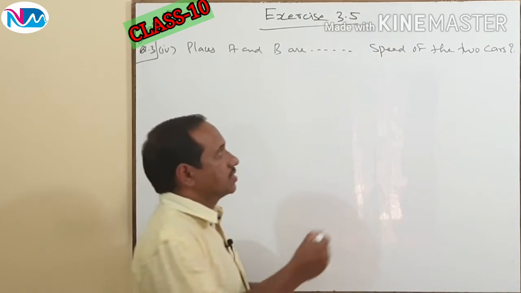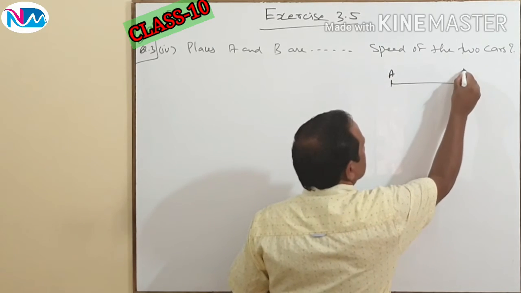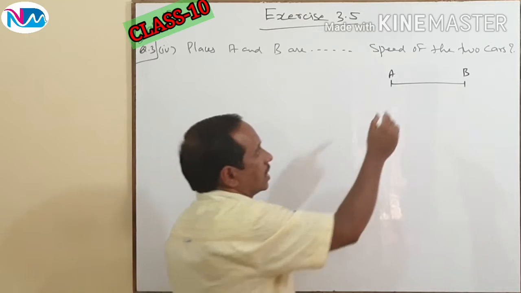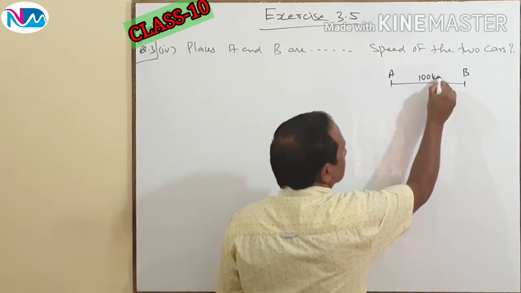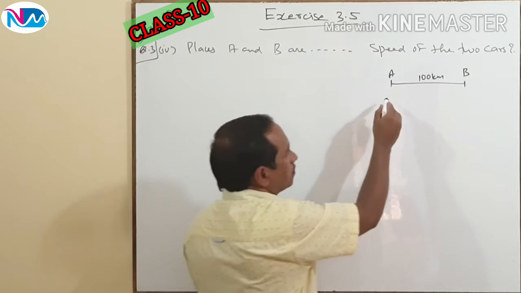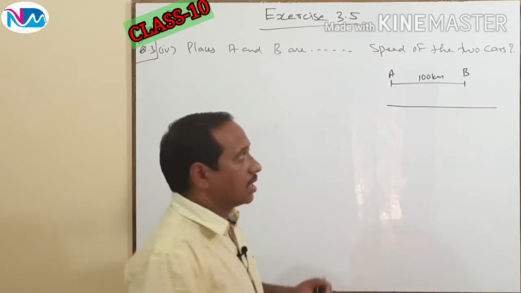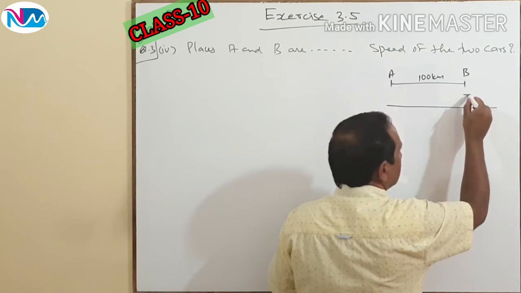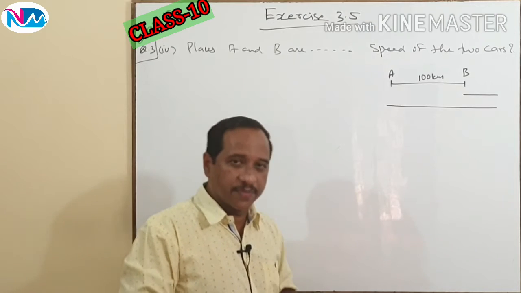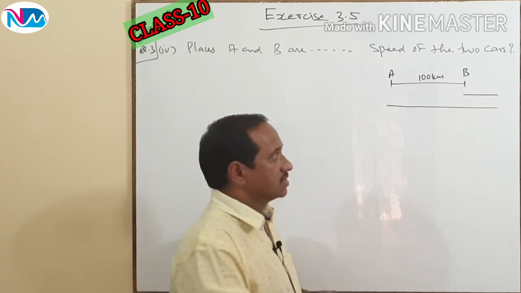Here, according to the question, we have two places A and B, which are at a distance of 100 kilometers. One car from point A and another car from point B start at the same time with different speeds and they meet in 5 hours.